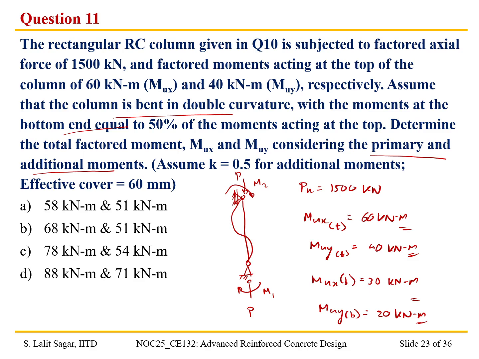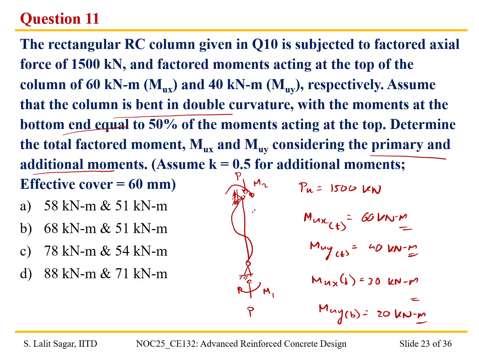On the other hand, if it has curvature in the same direction, that is, there is no point of inflection, that is called a single curvature. So depending on the curvature of the column, the calculation of the primary moment is going to vary.